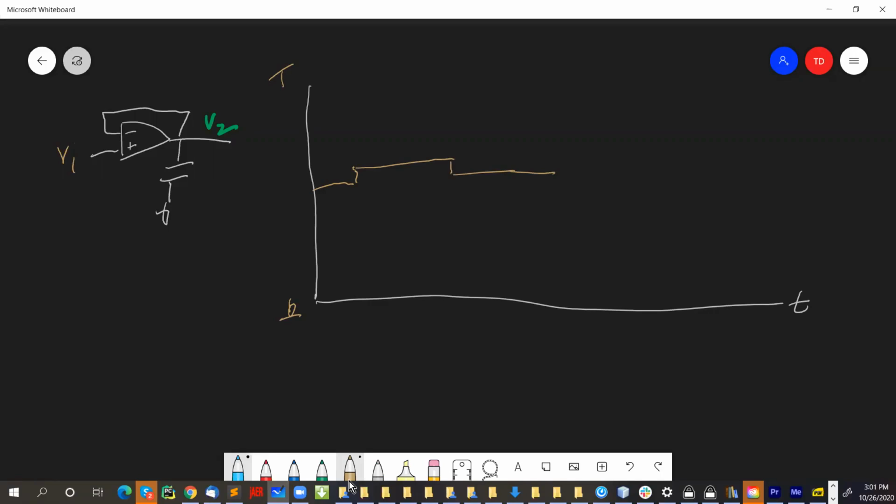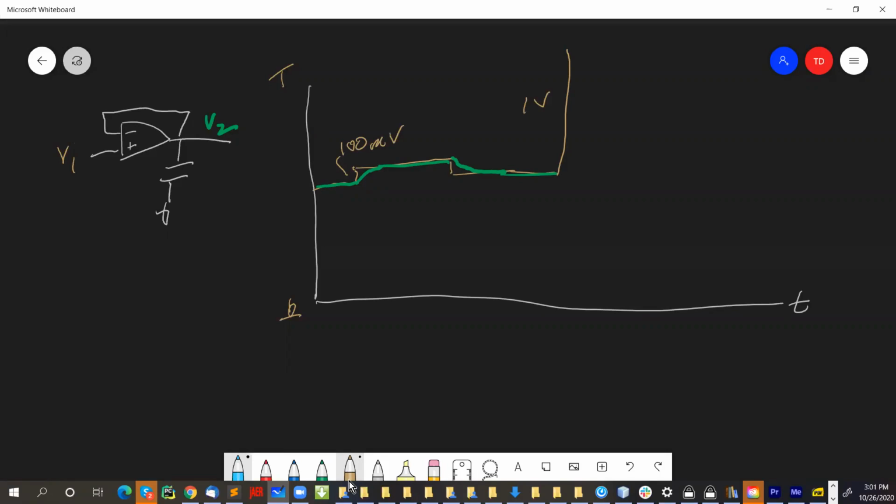And what will the output V2 do? We already said when the voltage difference across this transconductance amplifier is less than 100 millivolts or so, it'll act like a linear circuit. So we'll have an RC decay, just like an RC filter. But now suppose we make a really big step. Suppose this is only 100 millivolts.